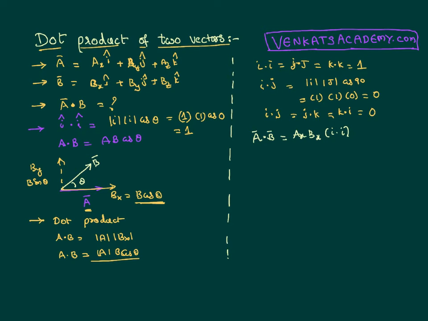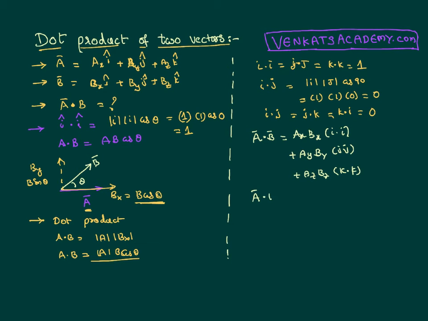If I take the next component, ax by i dot j, but I know i dot j equal to 0, so I am not writing it. So I will be getting only three components: ax bx, ay by j dot j, az bz k dot k. All other components became 0.